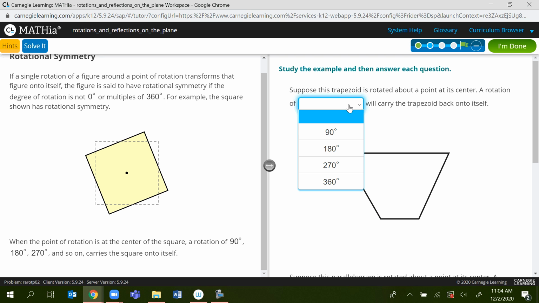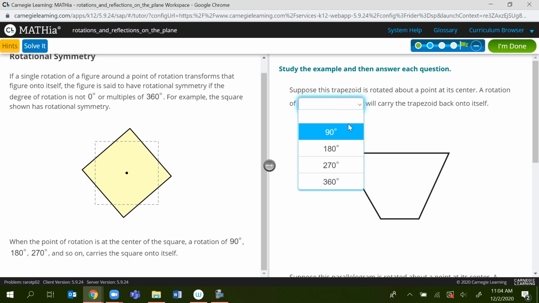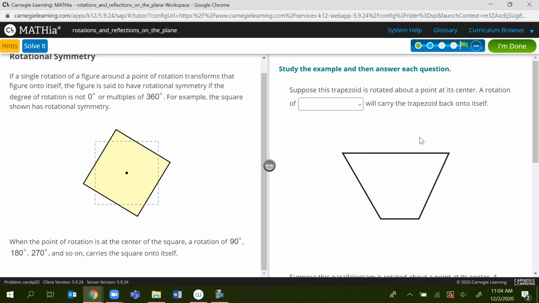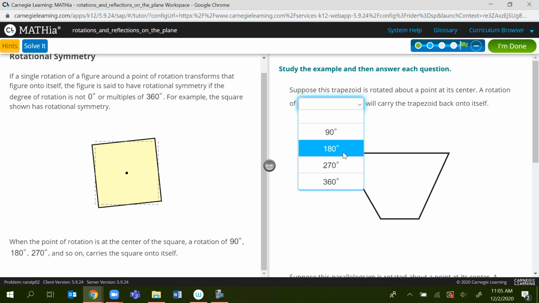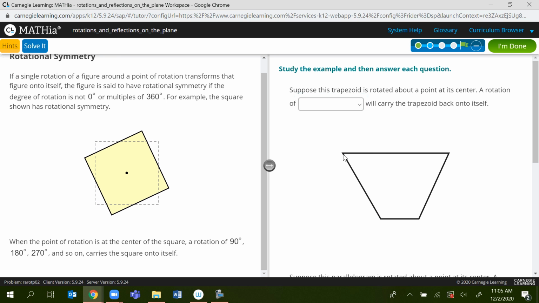So let's look at our options. If I went 90 degrees, this long side would expect to be facing either here or here, depending which way you wanted to rotate it. So that's not the same as what this trapezoid is. If I went 180 degrees, then this long side is now going to face the bottom, which is not exactly the way that my pre-image is.